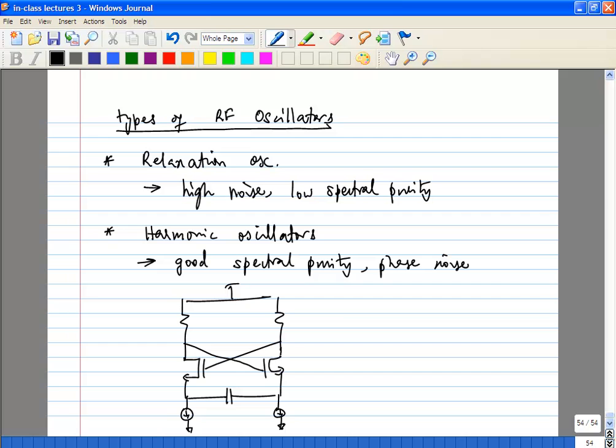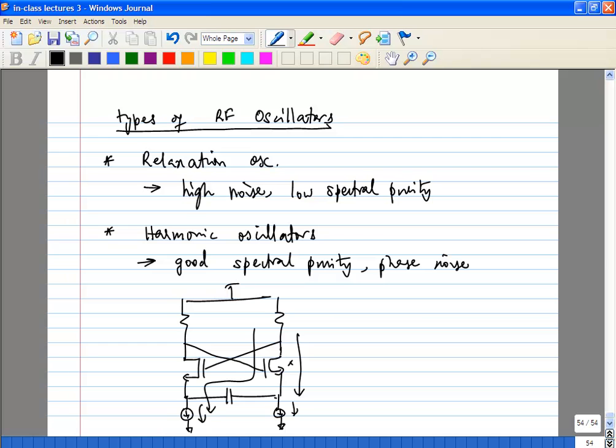What happens is this current keeps switching between the two sides. At any time, because of the positive feedback, one of these two sides will be on and the other side is turned off. These two are obviously current sources. Let's say this one is on, so you have current flowing like this and like this.